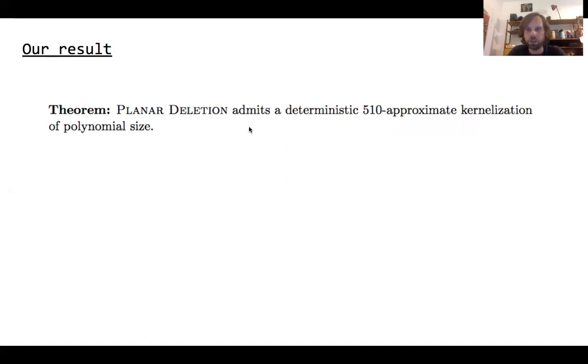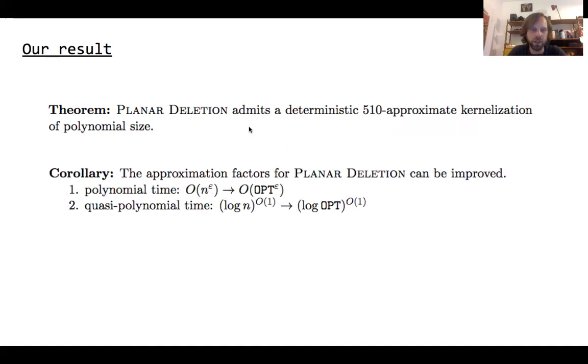Apart from this conceptual message, we get a direct corollary for standard approximation. So after running our approximate kernelization, we can apply the state-of-the-art approximation algorithms to the compressed instance. In the compressed instance, the size of the graph becomes polynomial in the optimum.